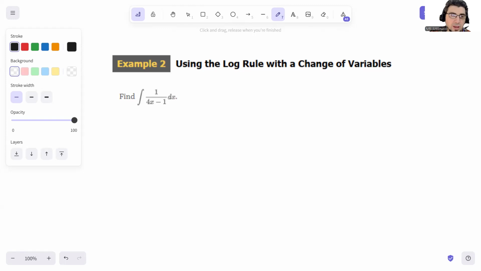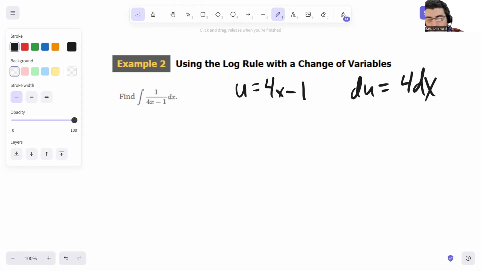In this case, we're going to look at a change of variables. So for this one, if we let u equal 4x minus 1, then du is equal to 4 dx. Notice there's no 4 in the integrand to go with the dx.